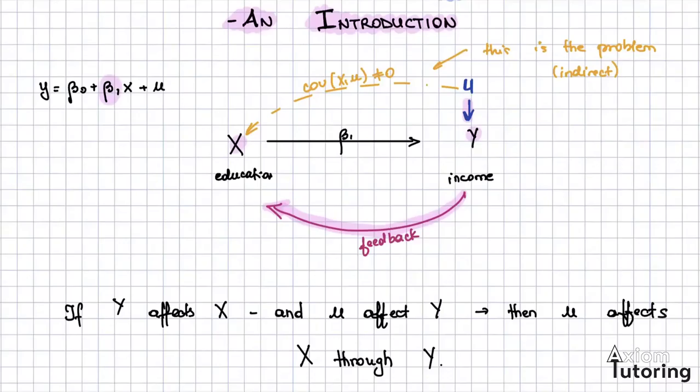So the estimate is not causal, and in fact is the causal effect plus this feedback that is hopelessly tangled in this effect.